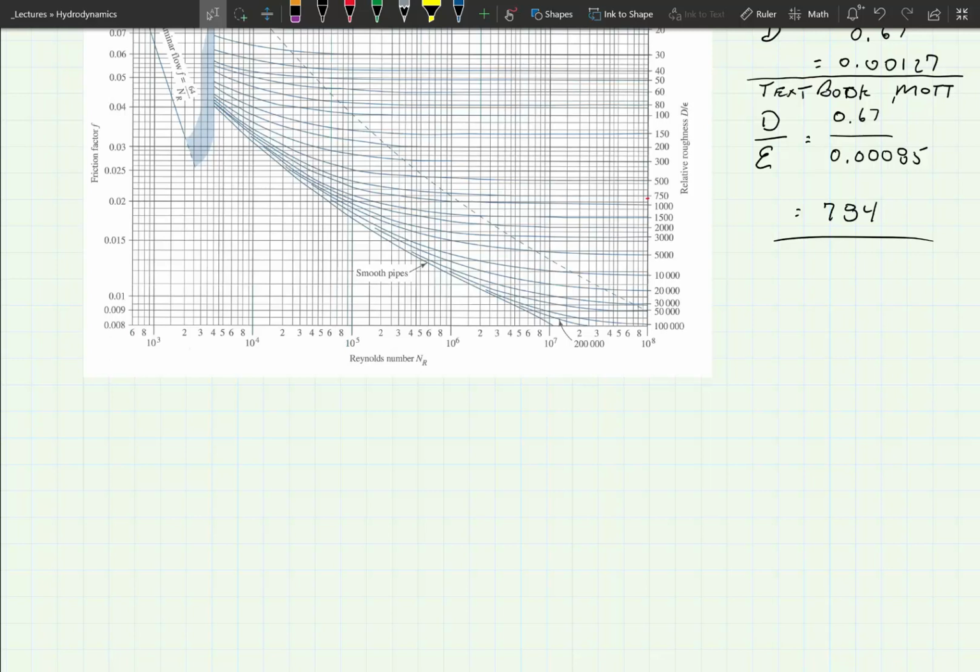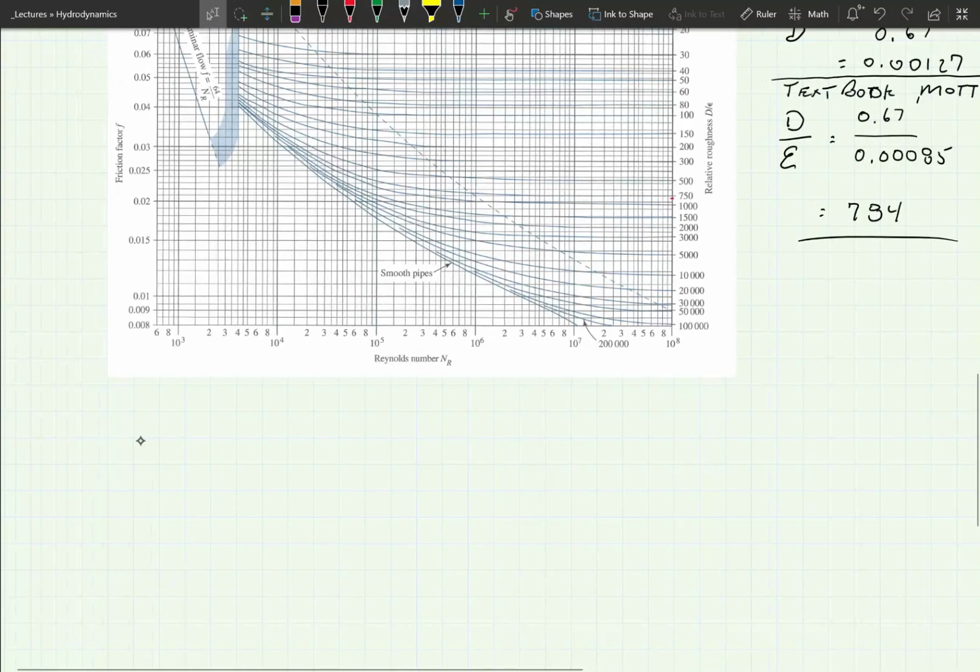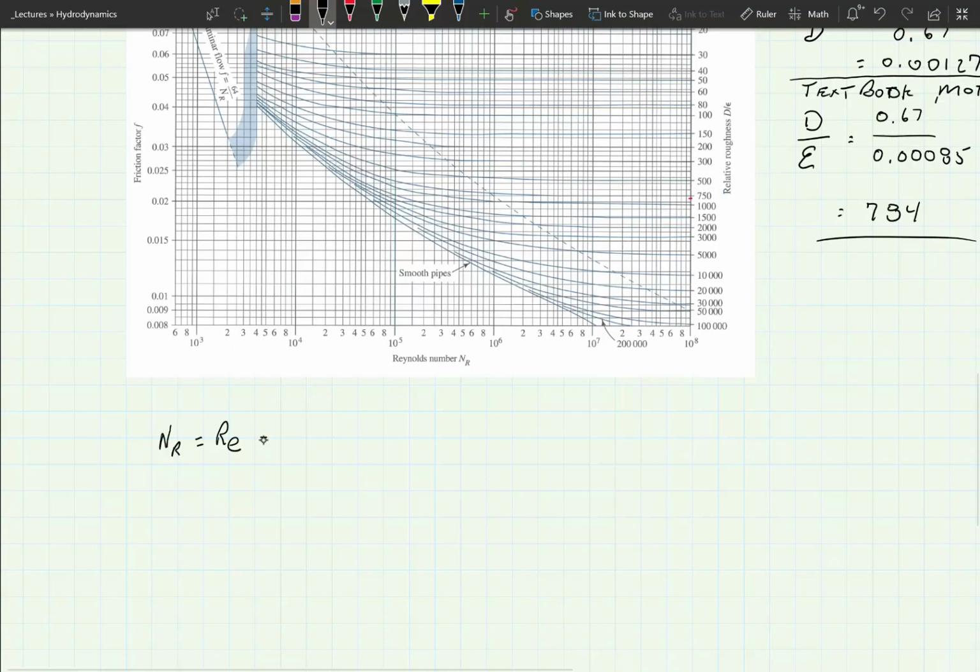All right, anybody remember the Reynolds number? Your book uses an R, some books use Re. But basically we're looking at viscosity times what?